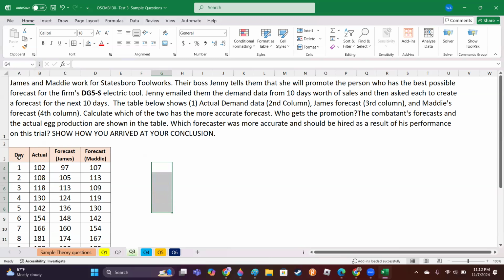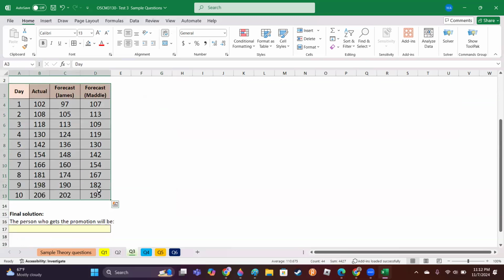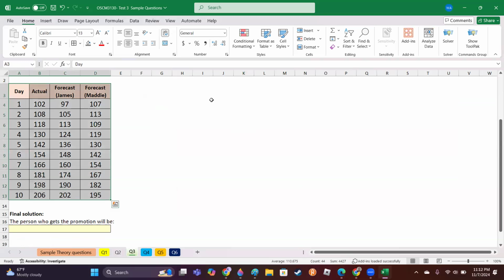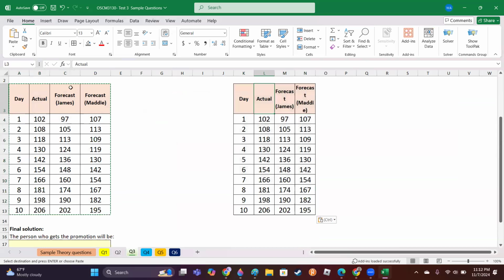What I'm going to do is separate the two so that I'm dealing with one at a time. Let me copy and paste this. So in the first example, I'm going to be dealing with James, and in the second example, I'm going to be dealing with Maddie.